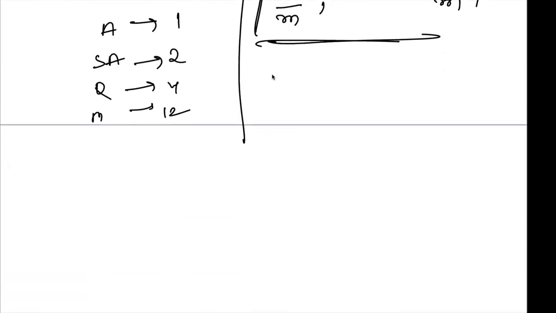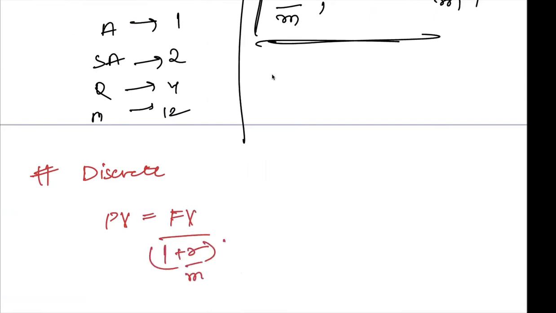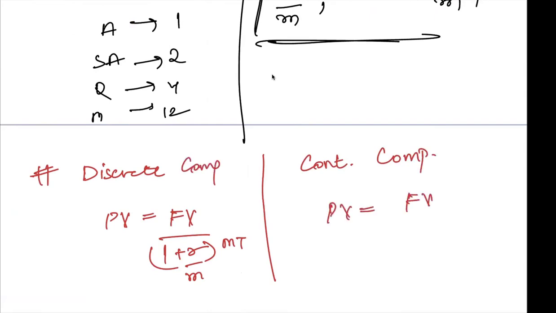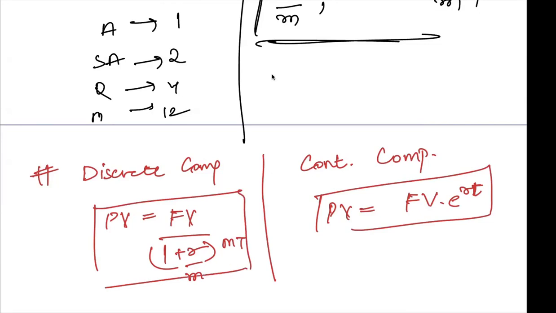Last thing we saw, compounding, discrete or continuous. If you want to arrive at the present value, this is what we'll say for discrete compounding. For continuous compounding, it is FV by e power RT.